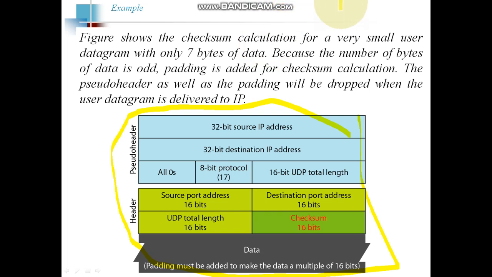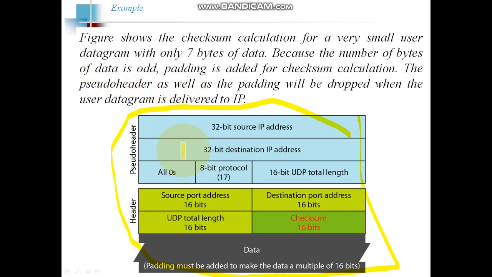Because the number of bytes is odd, padding is added for checksum calculation. The pseudo header as well as the padding will be dropped when the user datagram is delivered to IP.